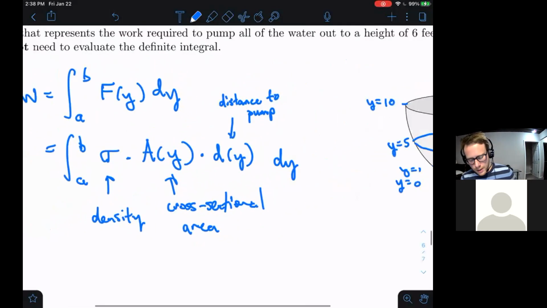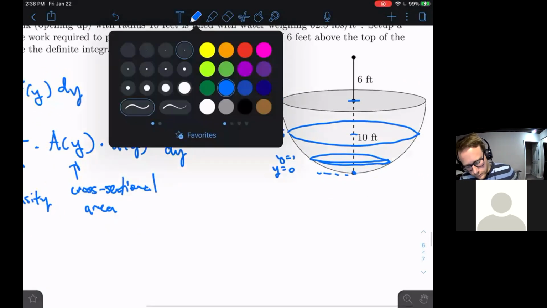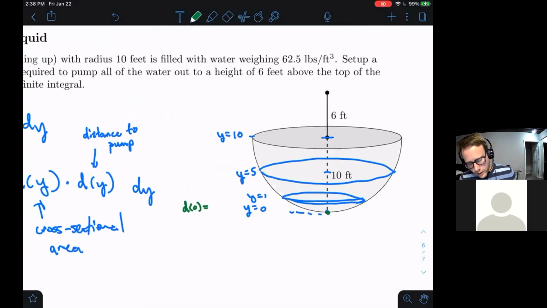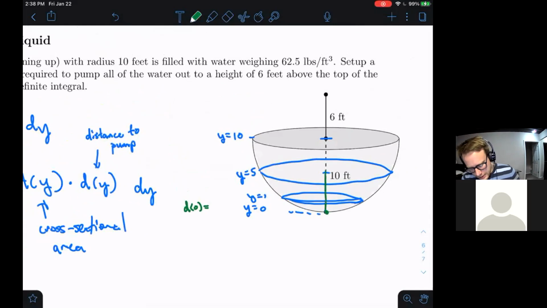So for instance, if we were thinking about the stuff at the very bottom, that has a y value of 0, according to this problem, we want to pump it to the top, and then we want to pump it 6 feet beyond the top. Apparently, that's where the spout for our pump exits. And so this is going to be 16, right? The distance that you need to pump here is 16.